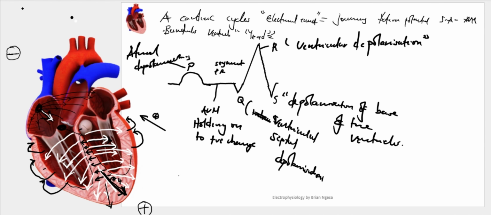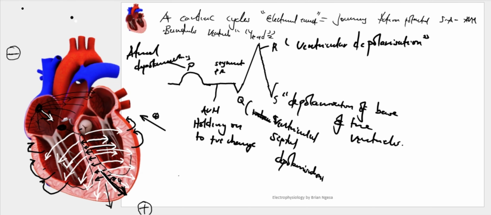So remember, in our introductory, we said that the ventricle also has the tendency to hold on to some charges. So when the ventricles are depolarized, you'll say that the ventricle and the bases of the ventricles are depolarized. You'll say that the ventricles are fully depolarized. And before the wave of repolarization comes, they have the tendency to sustain their contraction.